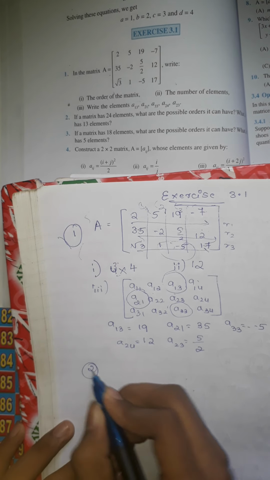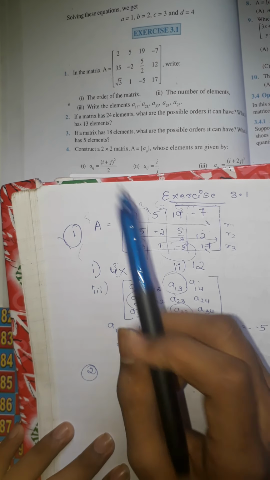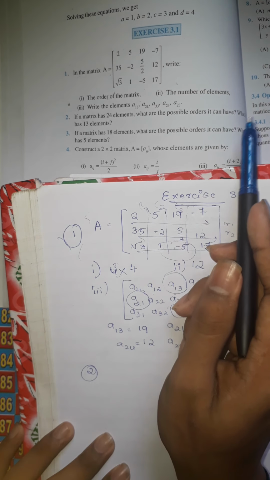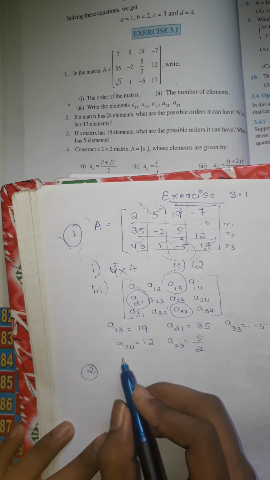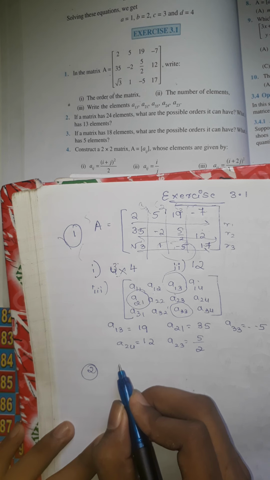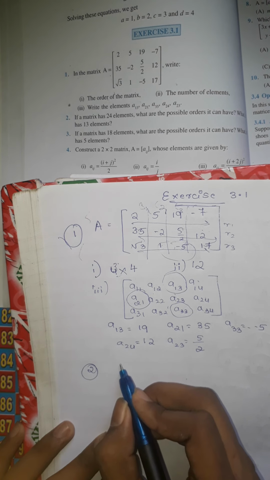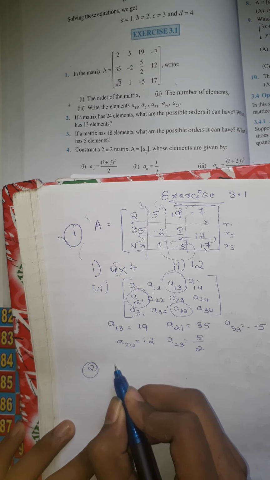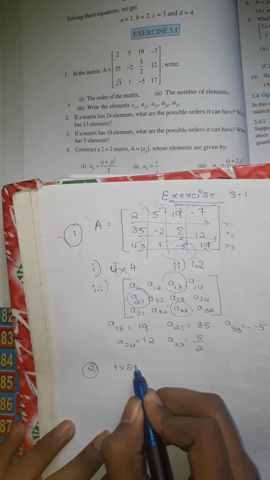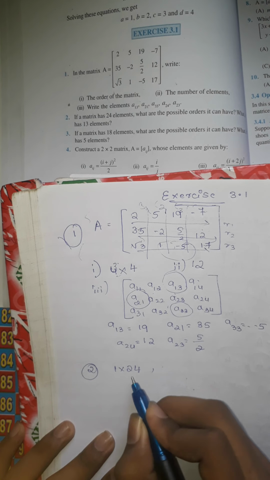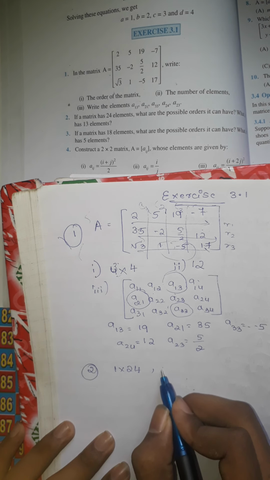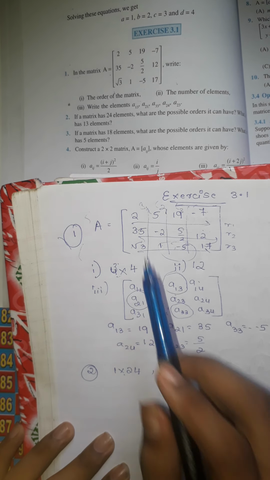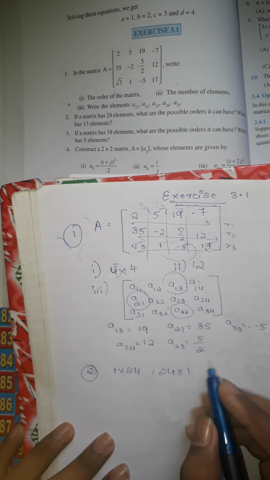So second question, guys. The question says, if a matrix has 24 elements, what are the possible orders it can have, and what if it has 13 elements? Listen carefully here. For a matrix with 24 elements, you should look at which numbers 24 can be divided by. 1 into 24 is possible, and 24 into 1 is also possible. Both are possible to form a matrix of 24 elements.